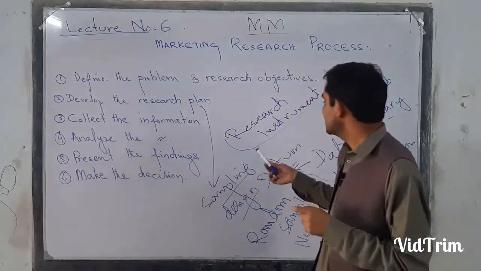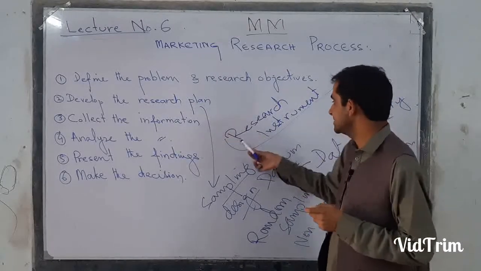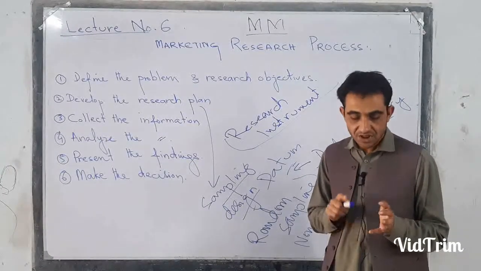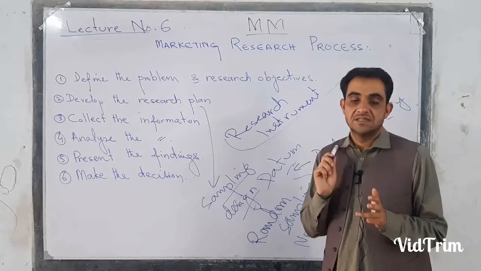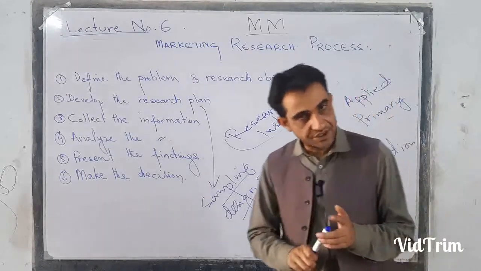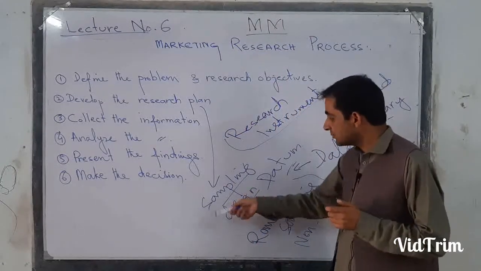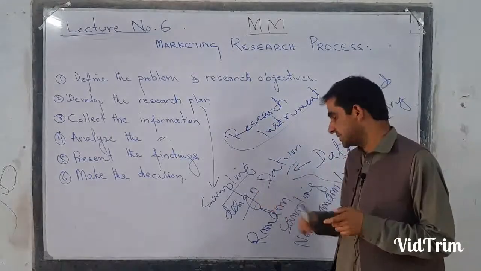Then part B of the second stage is research instruments. I told you we have got three types of research instruments: questionnaire, number second observation, number third interview. Then the third part, or part C, of the develop the research plan stage is sampling design.